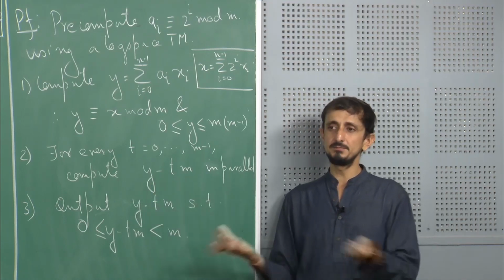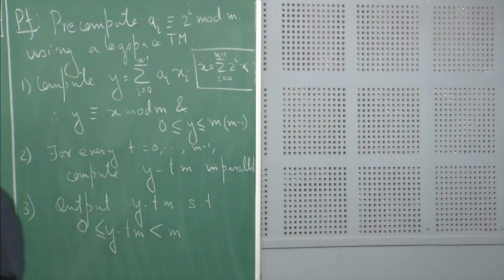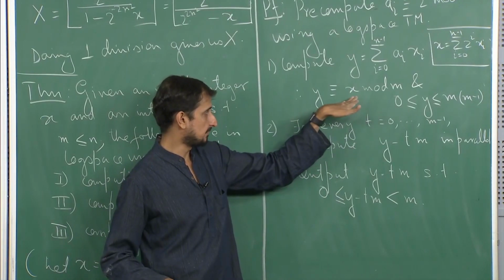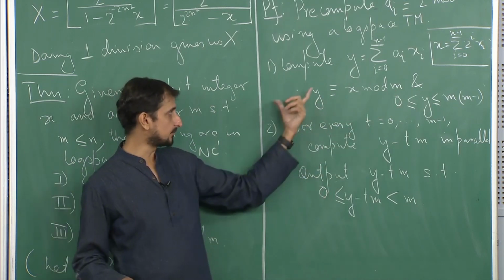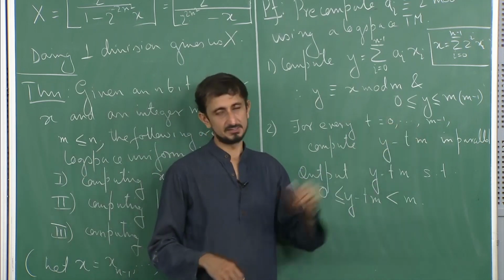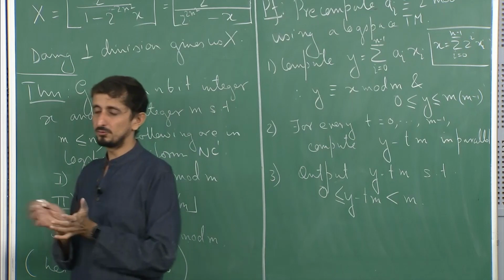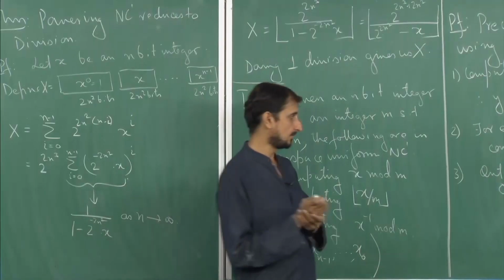Essentially that y minus t m is my remainder. So y and x are both congruent modulo m. Essentially I have reduced the problem from x to y, and now I am doing this for each and every value of t, because I know that y is small, y is no longer large.